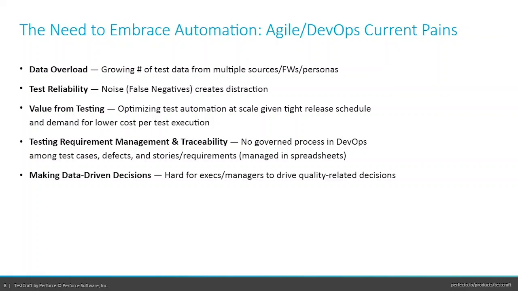So we're talking about the value that you get from testing. We're talking about the testing requirements from management and traceability. We're talking about making data-driven decisions. So this is basically understanding what is the value that we get from the test.